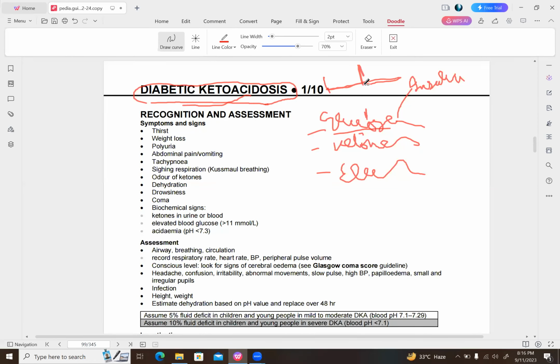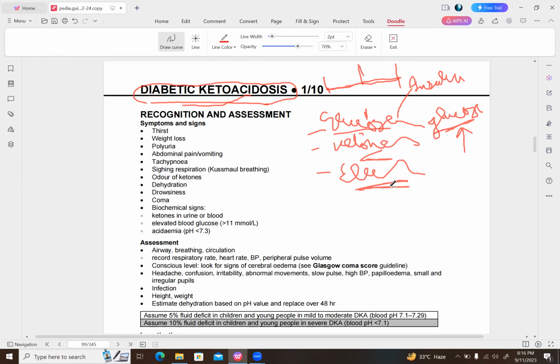We will be discussing that in a while. Secondly, you have to give glucose from outside. Why from outside? Because if you give it from outside, the body will utilize this glucose and ketone production will decrease.